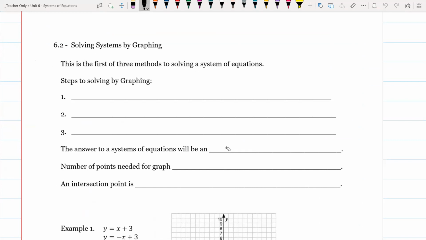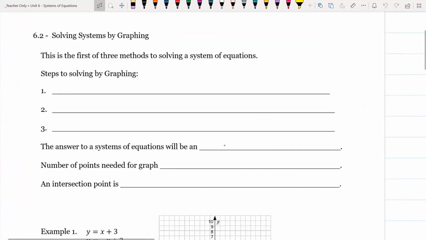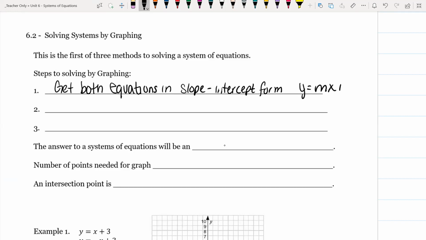So the first step is to get your equations into slope-intercept form. So get both equations in slope-intercept form, which, if you remember, is y equals mx plus b.